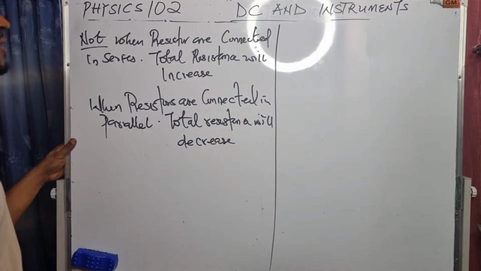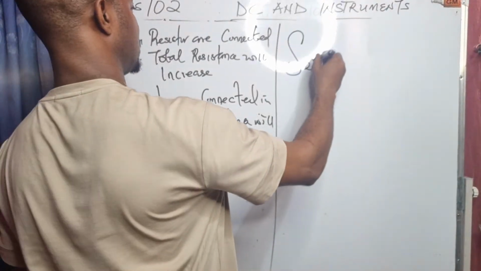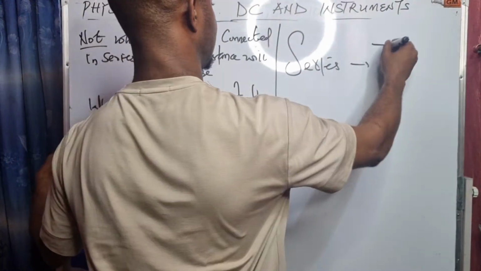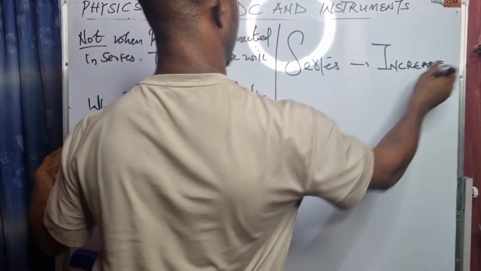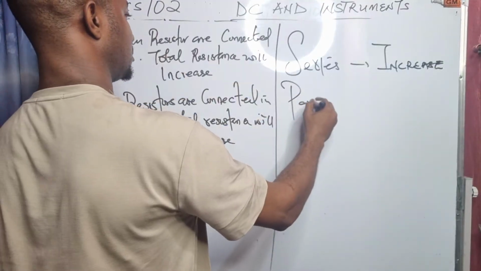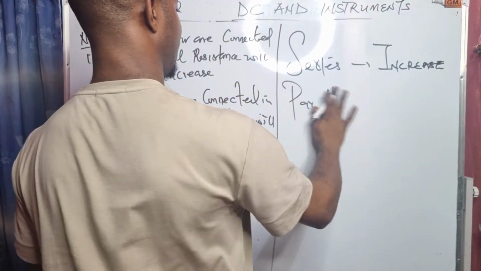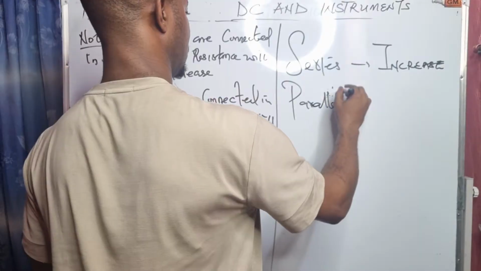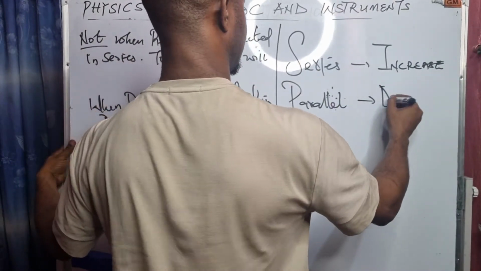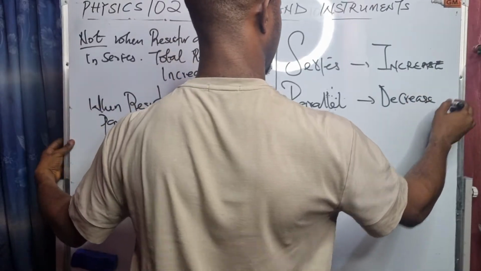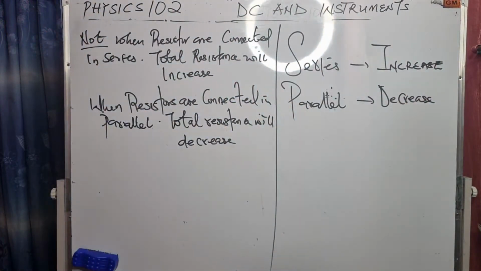What does that mean is that series connection increases resistance. Why does parallel connection decrease resistance? Let me explain that.